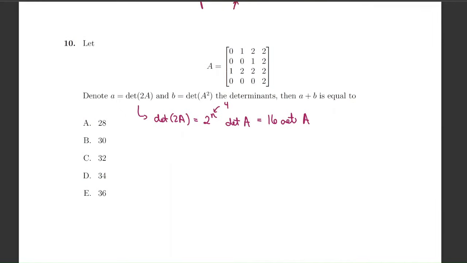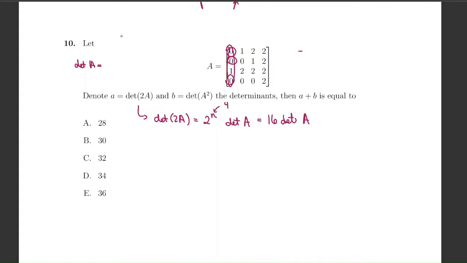And the determinant of A, let's just do that. Let's expand along this row or column. So we have the determinant of A equals, so these 0 entries just mean that I don't have anything to do with them, because 0 times whatever is going to be 0.